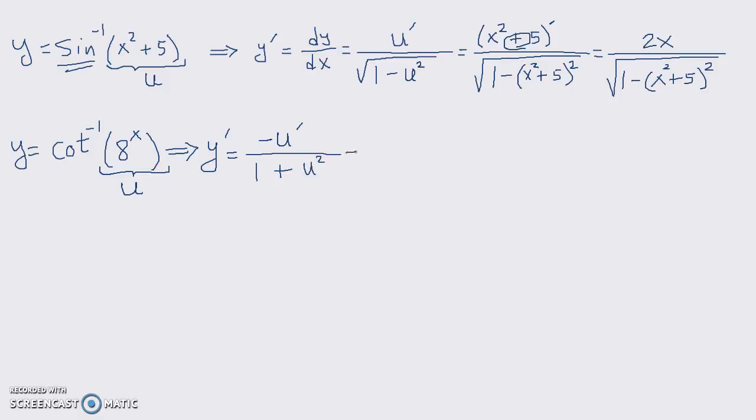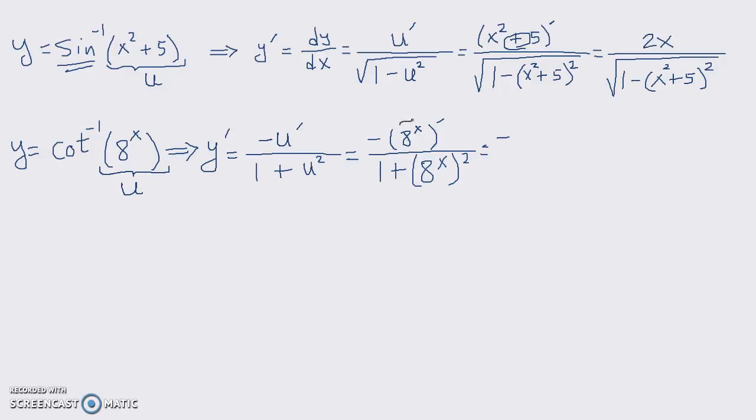Now, since we know what u is, we already marked it, so I'm going to replace every u that I see by 8 to the x. Another thing that is left is finding the derivative of 8 to the x in the numerator. So I rewrite the negative.